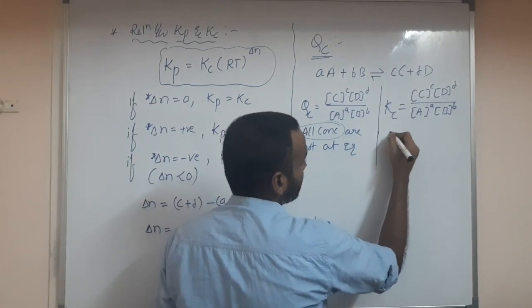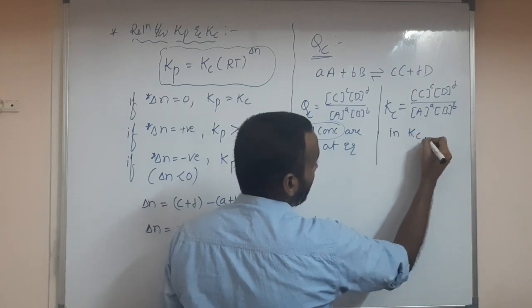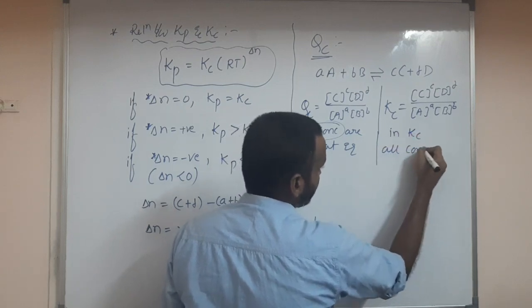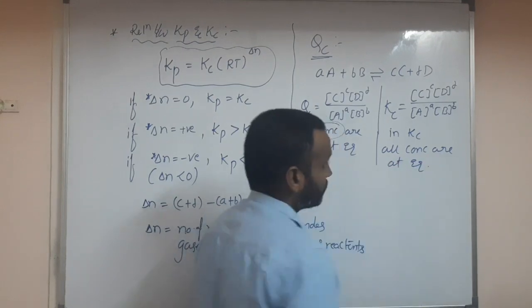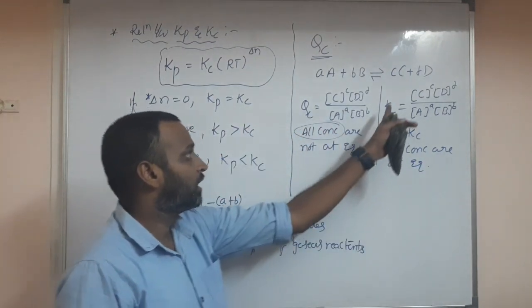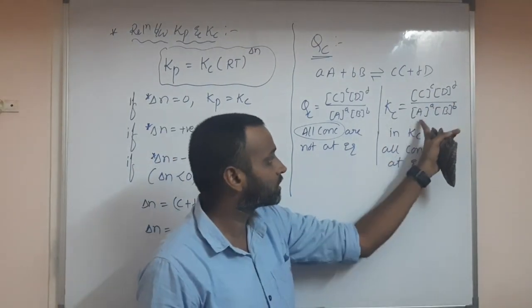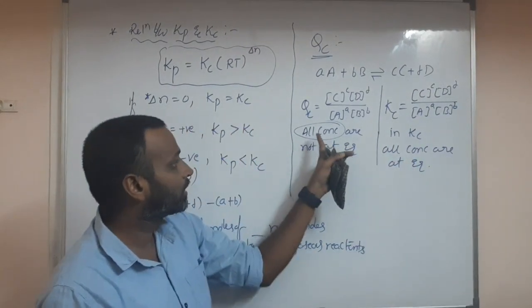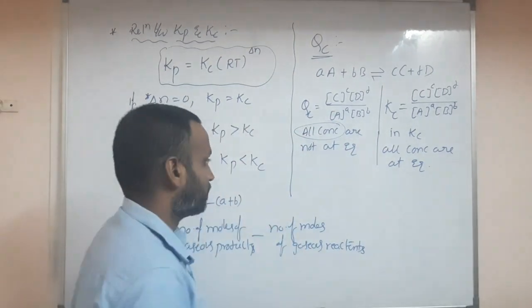Kc means all concentrations are at equilibrium. This is very, very important. In Kc, all these concentrations are at equilibrium. In Qc, all concentrations are not at equilibrium. This is the most important thing.